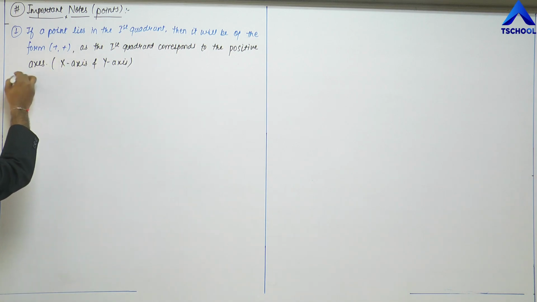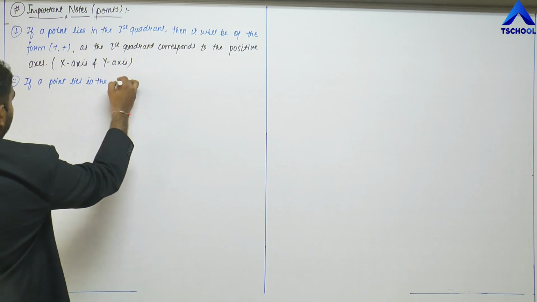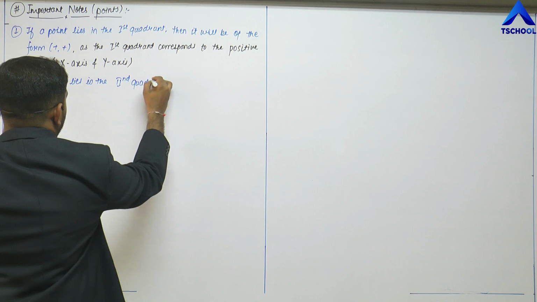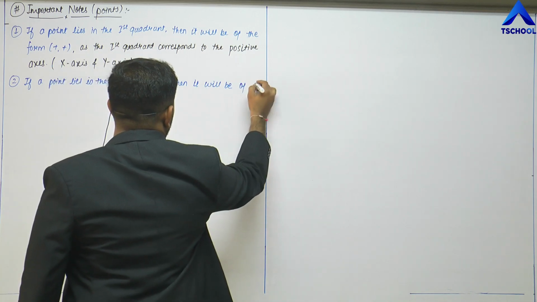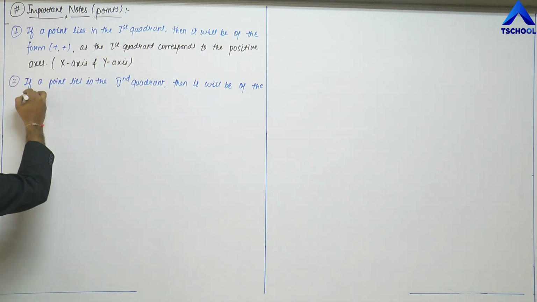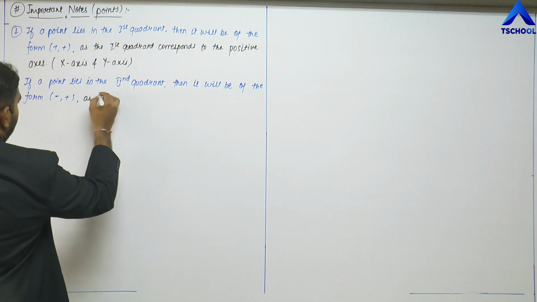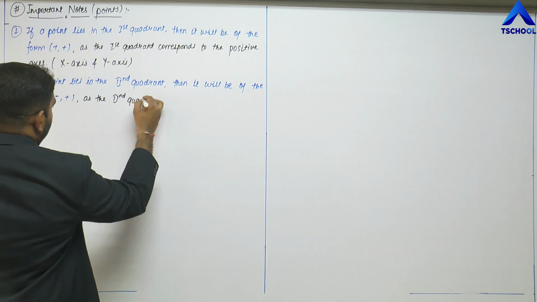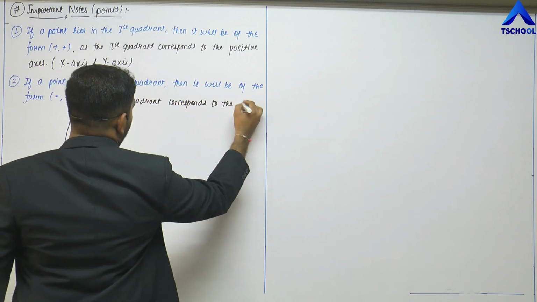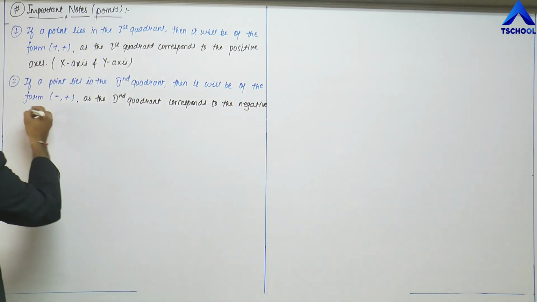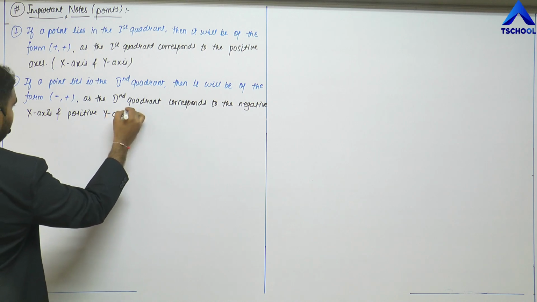Similarly, the second point, if a point lies in the second quadrant, then it will be of the form minus plus, as the second quadrant corresponds to negative x-axis and positive y-axis, right?